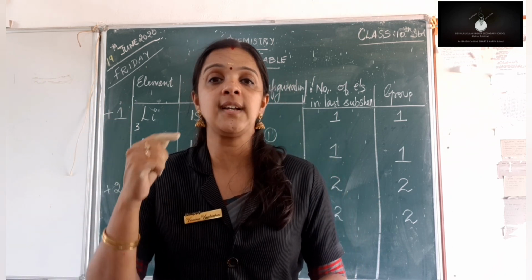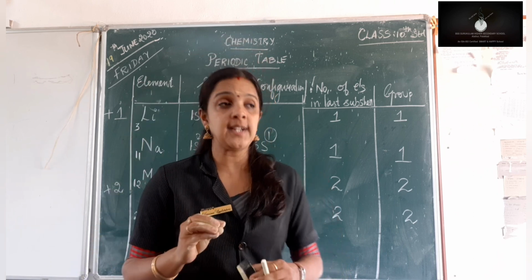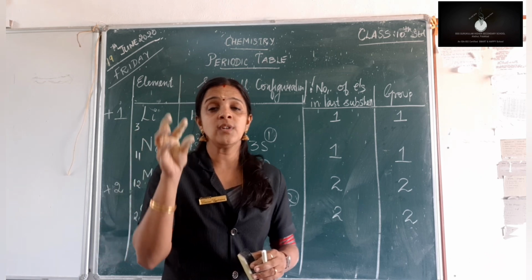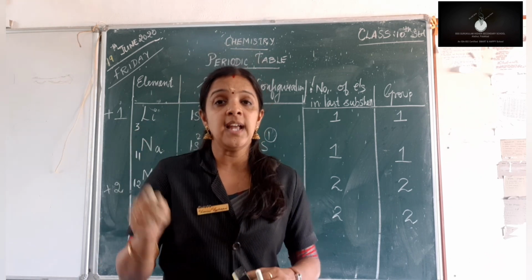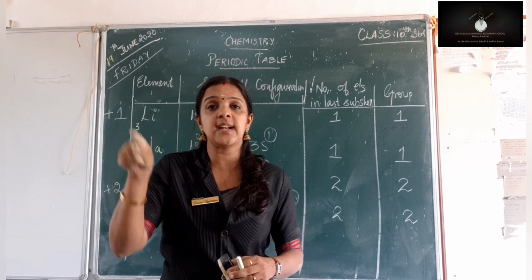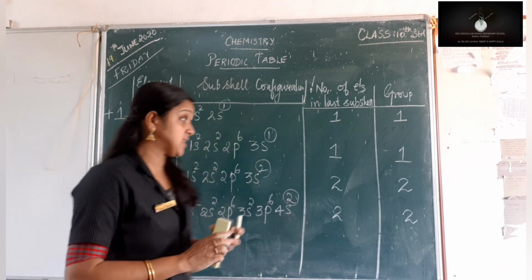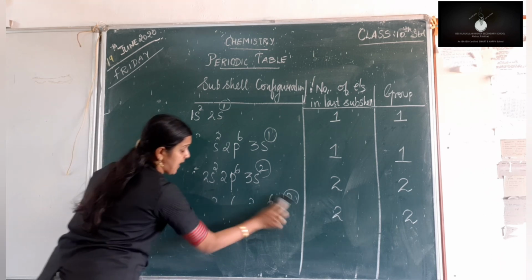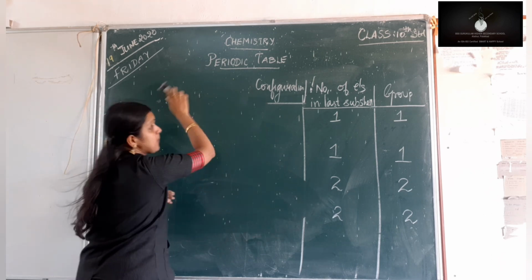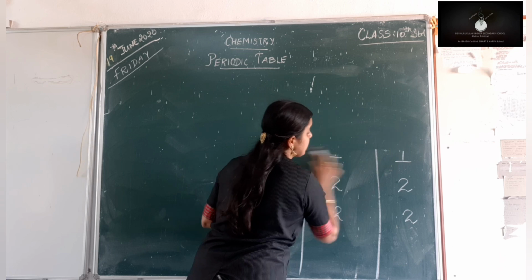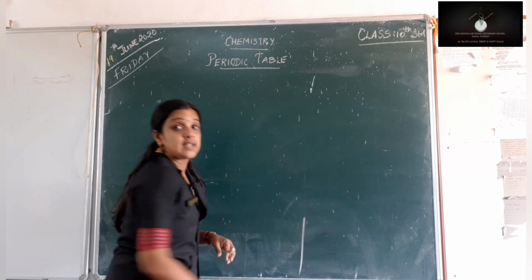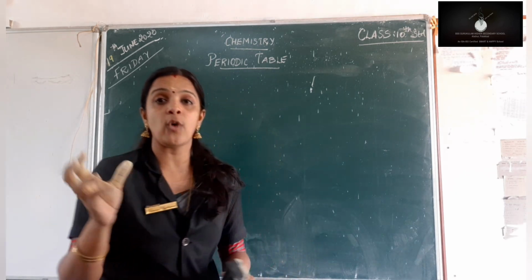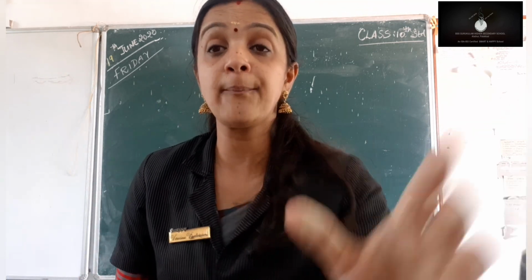If you can just recollect, what is ionization energy? Now I know there is a nucleus in the center and there are so many shells surrounding the nucleus. Just recollect, children, ionization energy is the energy required to remove the outermost electron from an atom.